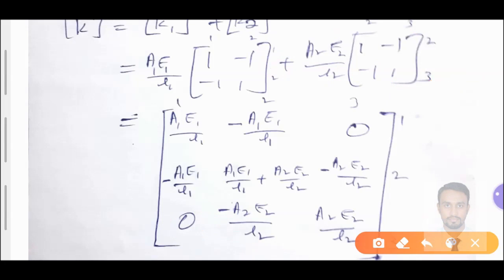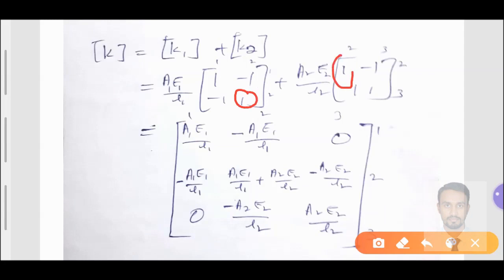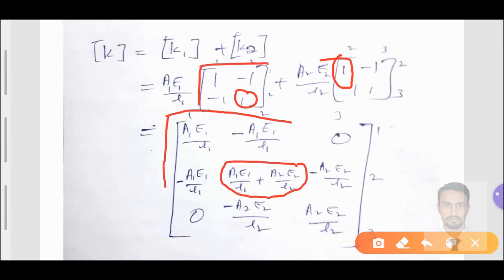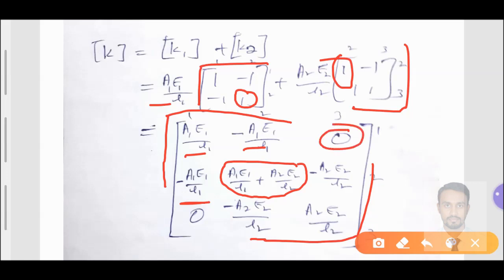Now what we'll realize here, you can see this center value is added with respect to this a22, and this L shape upper matrix and the lower matrix with respect to the bottom side remain the same, which you can easily remember, how we are making this 3 cross 3 matrix assembly, right? 1 minus 1, minus 1 1, minus 1 1 with respect to the stiffness matrix 1: a1 e1 divided by l1, minus a1 e1 divided by l1, minus a1 e1 divided by l1, this is 0, right?